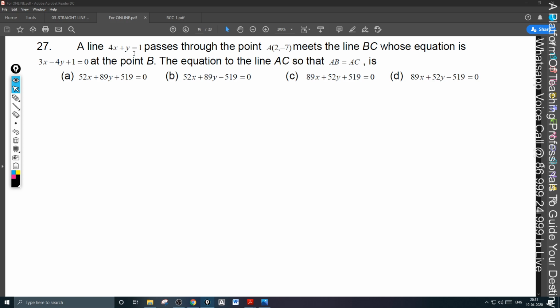Now this is the line 4x plus y is equal to 1 passing through the point A 2 minus 7. Let me draw the diagram.